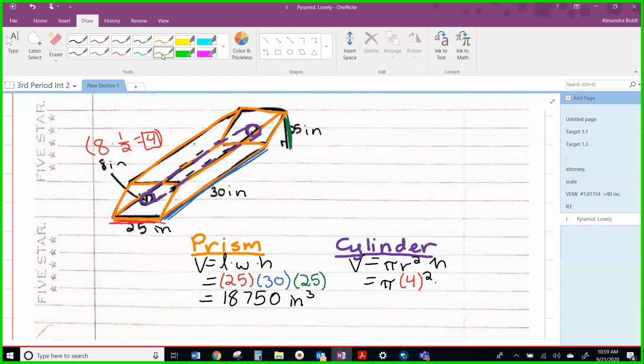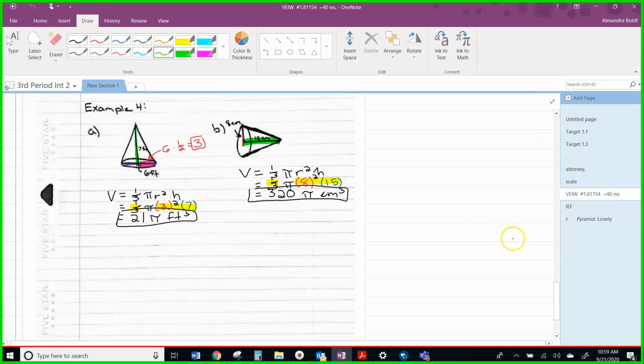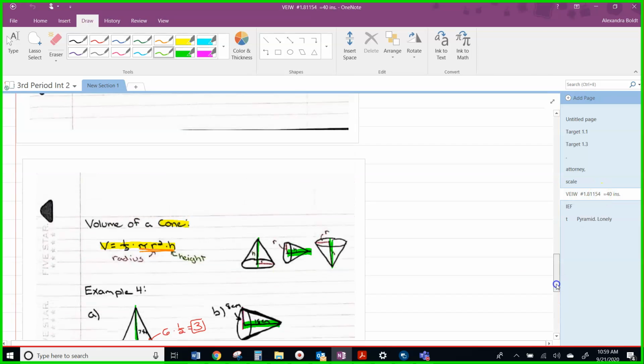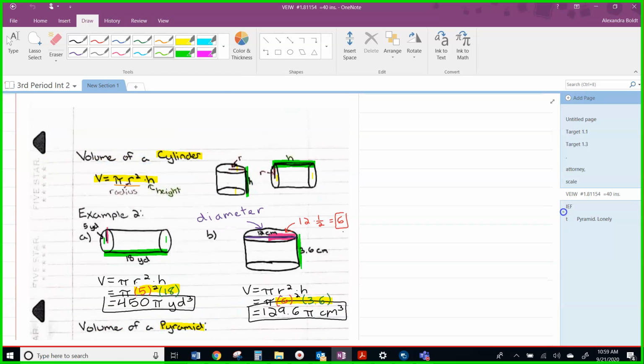Now our height here is also tricky. Let's go back to our volume notes from when we learned about this. Remember, the height of a cylinder is always the piece that connects the two circles. Here we had our circle on top and our circle on bottom, and we were connecting them. Here we have our circle on the left and our circle on the right, and we were connecting them.